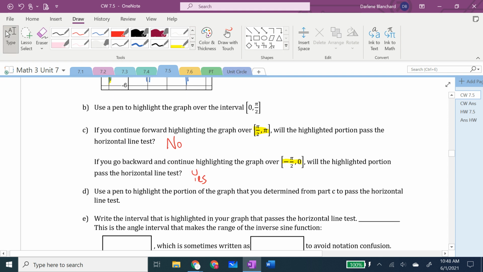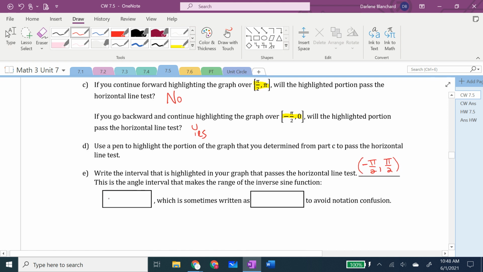So that interval is negative pi over 2 to pi over 2, but because there are asymptotes at those endpoints, technically, we don't include them. But what's really important is that you know whether you're dealing with negative pi over 2 to pi over 2, or if you're dealing with 0 to pi.